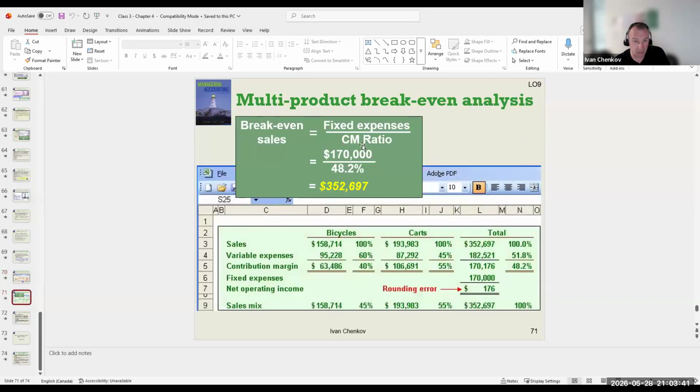Once I come up with the break-even point in total sales, and I know that the first product contributes 45% to the sales of the company and the second 55%, then I'm going to apply these percentages to the break-even sales. And we're going to come up with how much sales I need to generate for one product and how much for the other product.